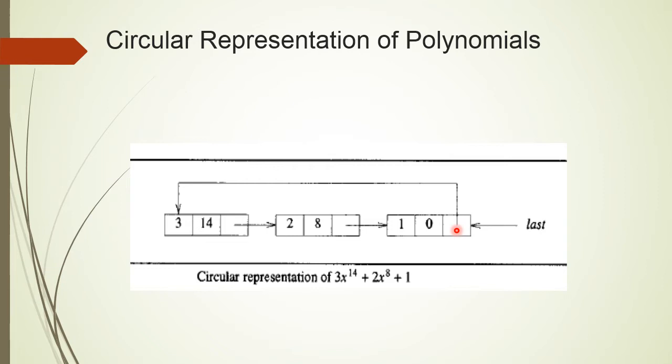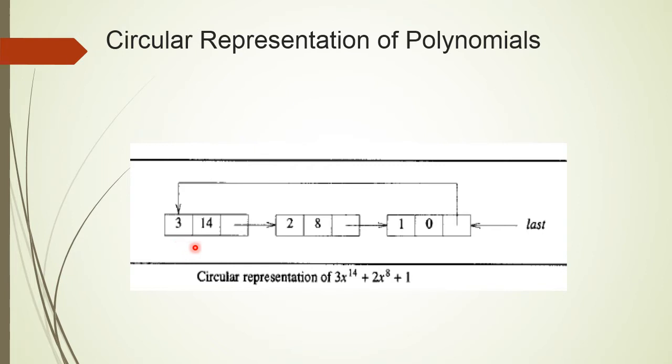So once you reach the last node, there is no possibility of coming back to the first node. If you want to come back to the first node even after reaching the last node, you can achieve that by storing the address of the first node in the link field of the last node. That's why it's called a circular single linked list.